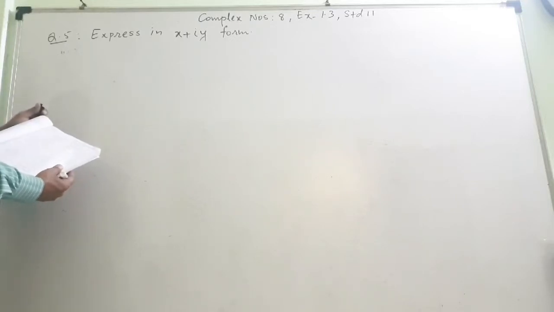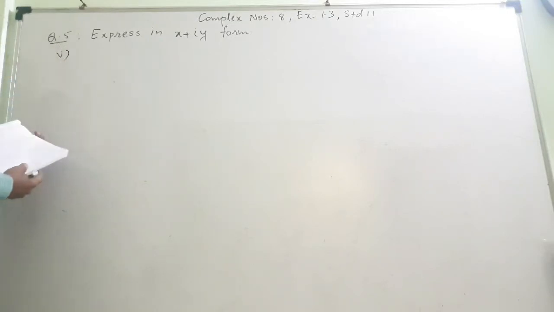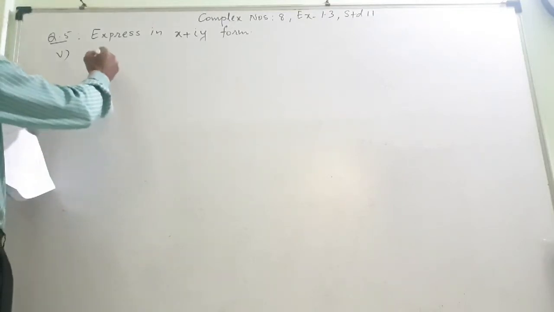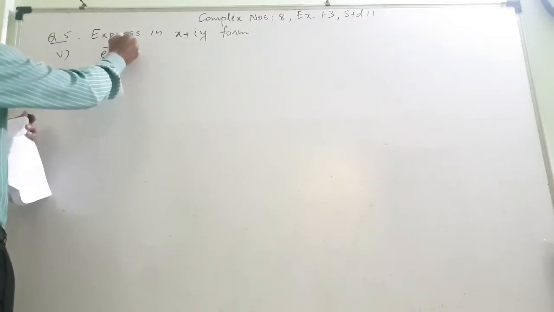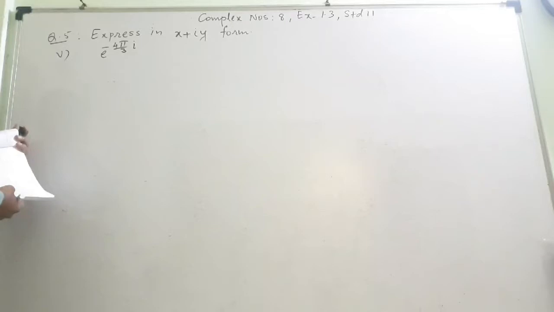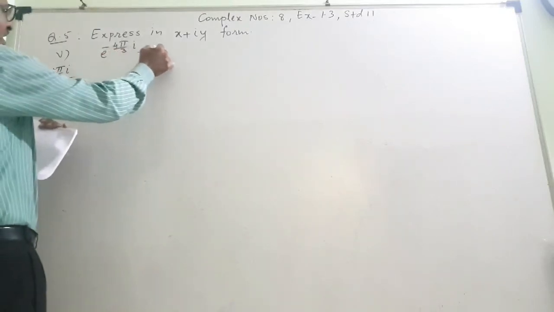I am taking that fifth one, e raised to minus 4 pi by 3 i. This we have to write. What is this? This is the exponential form.